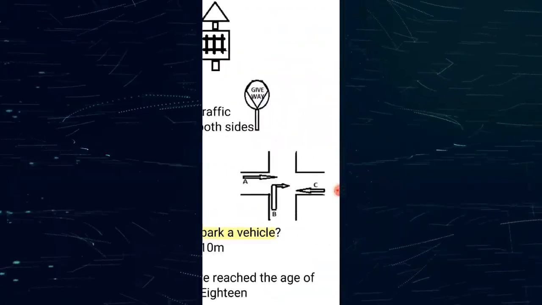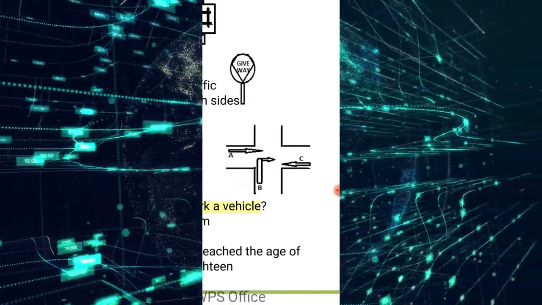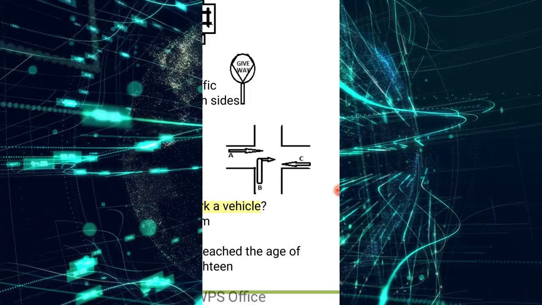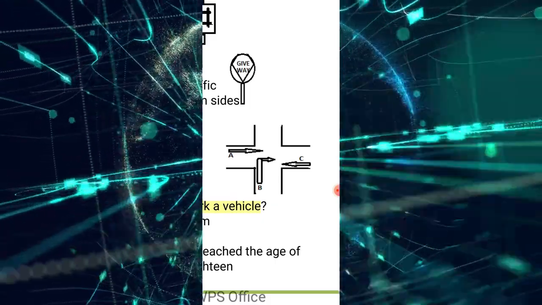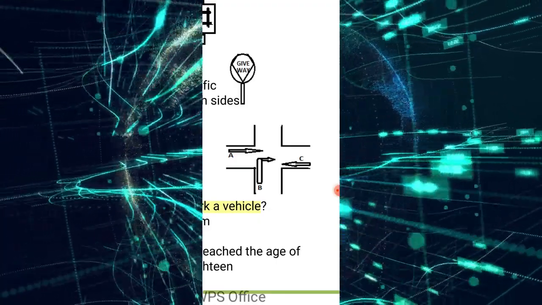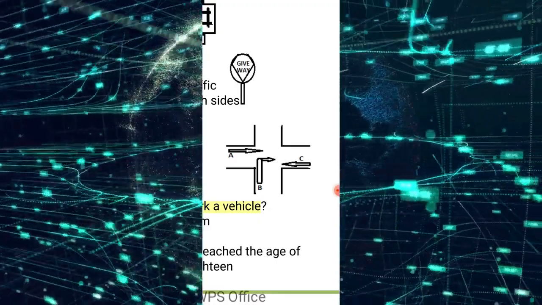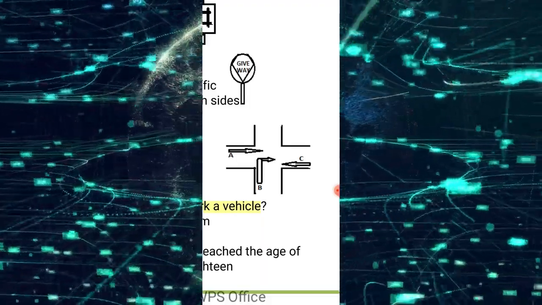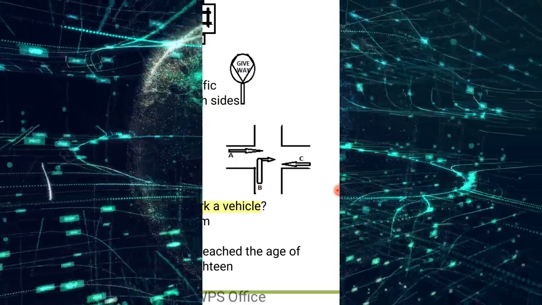Now we have car A, car B, and car C. Using the Zimbabwean road rules, we can see that car B is on the right of car A. So car A gives the right of way to car B, and car C is on the right of car B. So car B gives the right of way to car C.